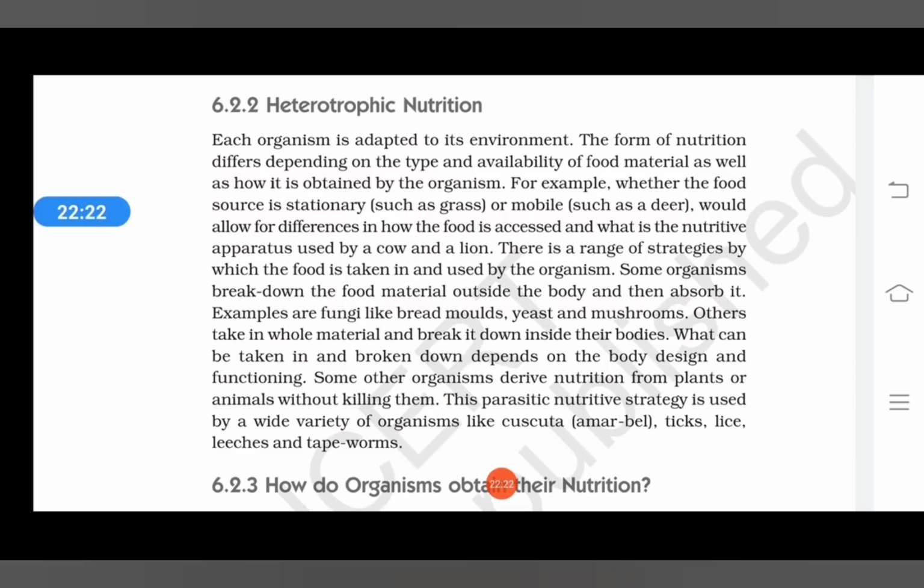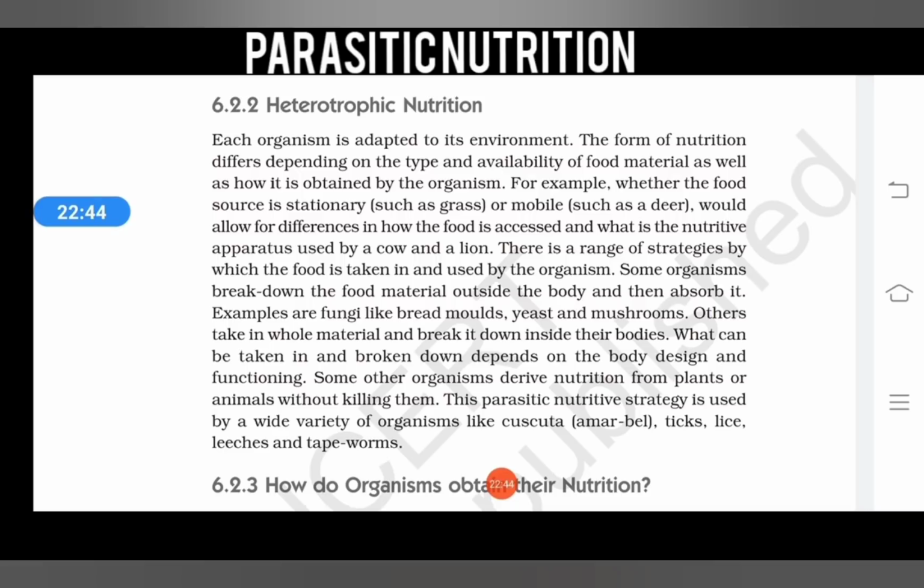What can be taken in and broken down depends on the body design and functioning. Some other organisms derive nutrition from plants or animals without killing them. This parasitic nutritive strategy is used by a variety of organisms like cuscuta, ticks, lice, leeches and tapeworms.